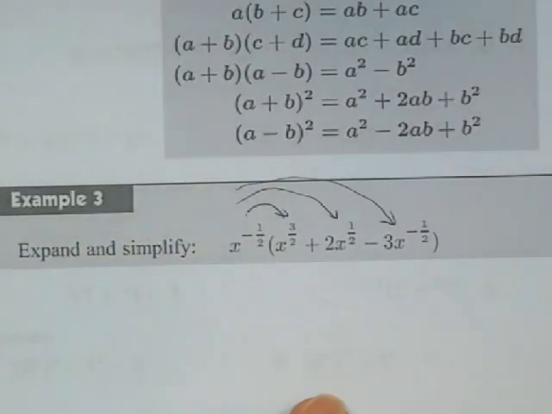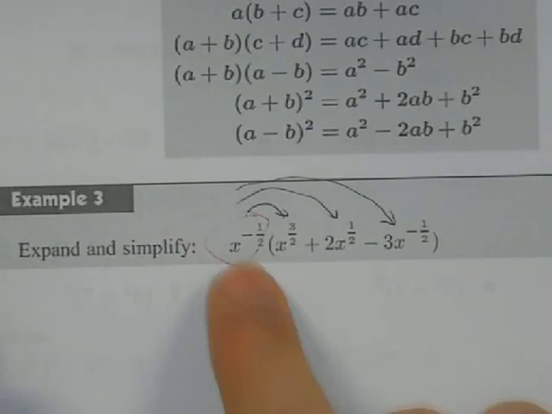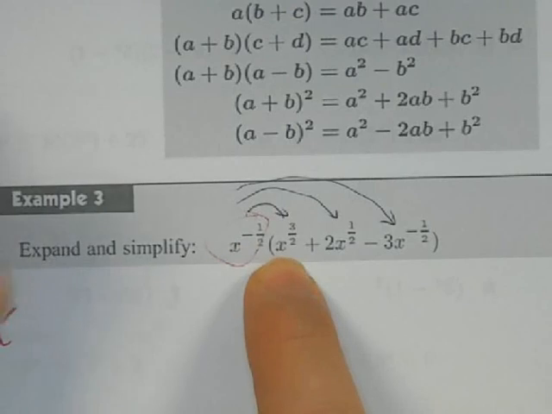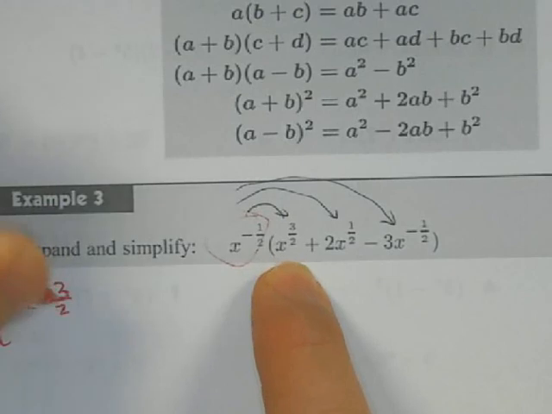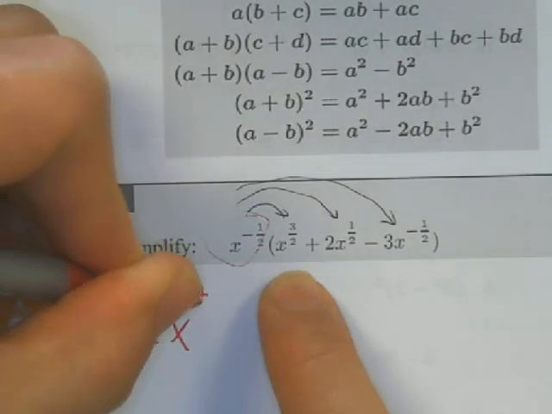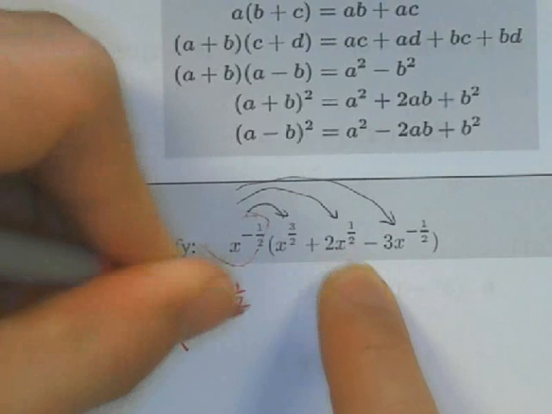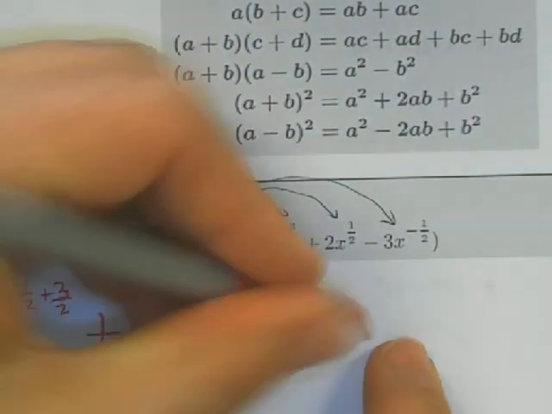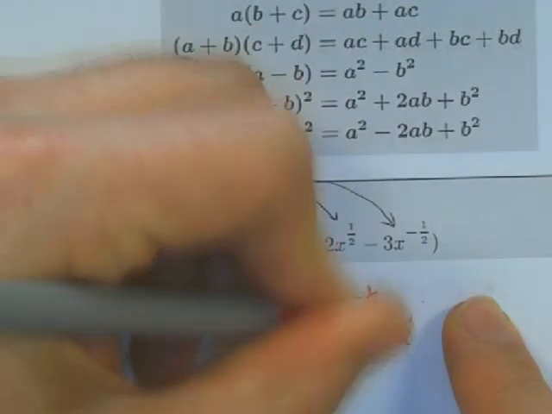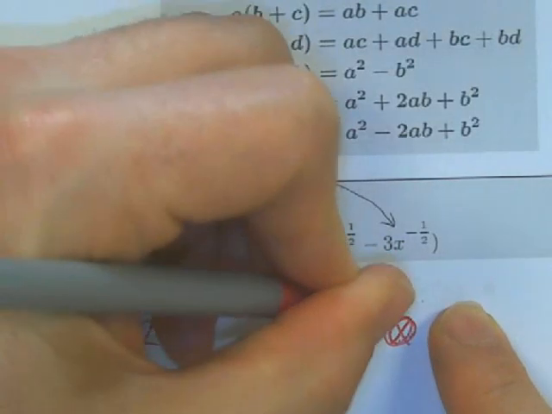Okay, and so we're going to have x to the negative 1/2 times x to the 3/2, so we're going to add those powers, plus 2 times x to the negative 1/2, we're going to add that power, plus 1/2, then minus 3 x to the negative 1/2 times x, so we're going to add that power.